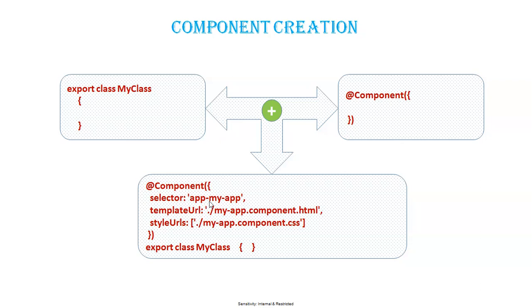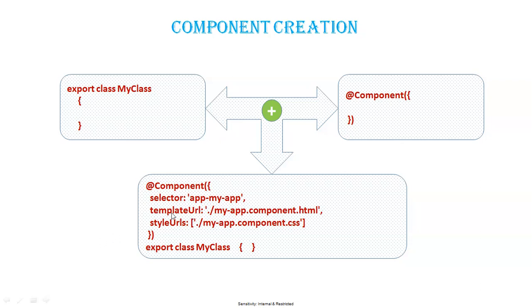So that tag is nothing but I will call the selector. And same way, I have to specify what is the HTML file I'm using for this particular component. Because component is nothing but it's a combination of business logic, HTML, nothing but view plus style.